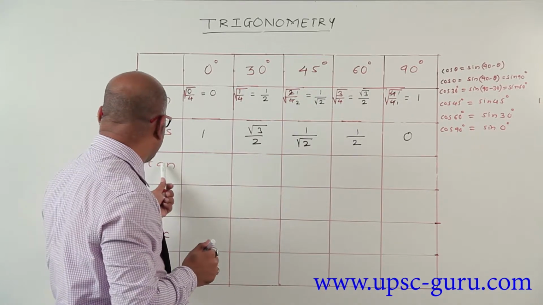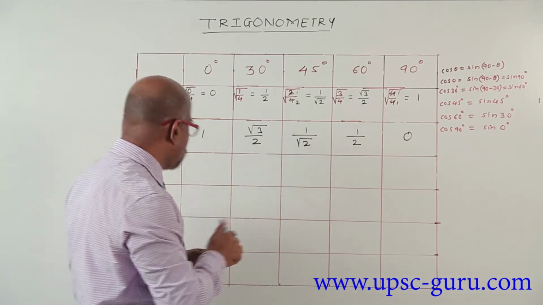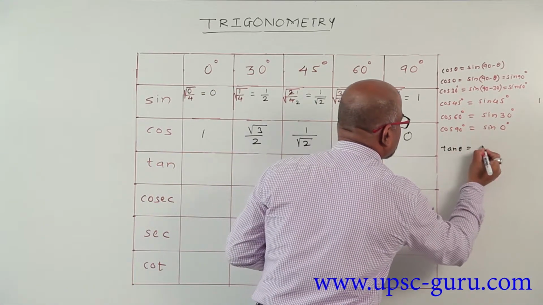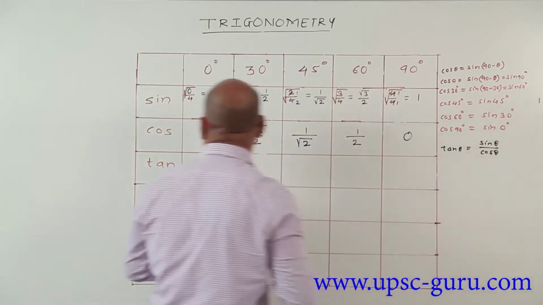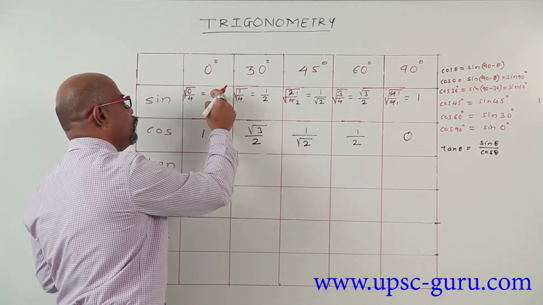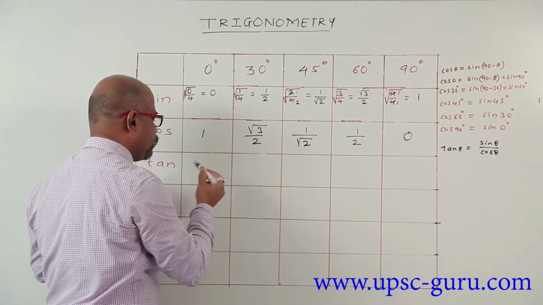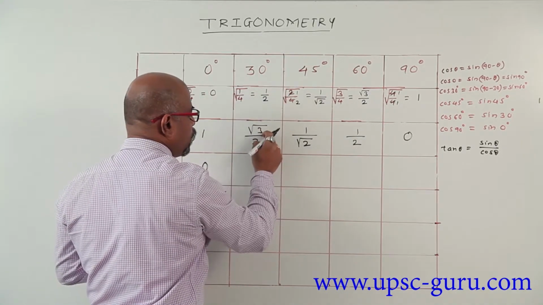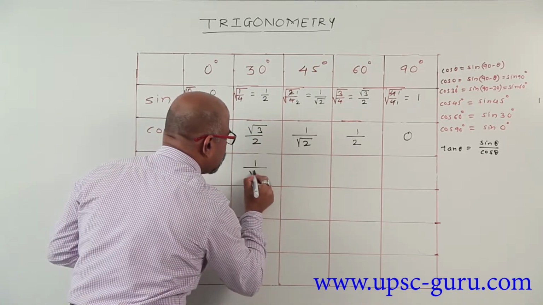Now let us check tan theta. We know that tan theta equals sine theta upon cos theta. Now apply this formula. Tan 0 equals 0 upon 1, that is 0. Tan 30 equals 1 by 2 upon root 3 by 2, the 2s get cancelled, 1 by root 3.